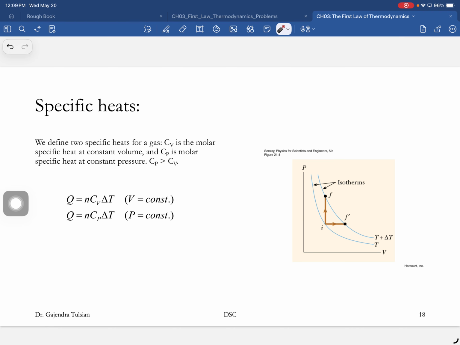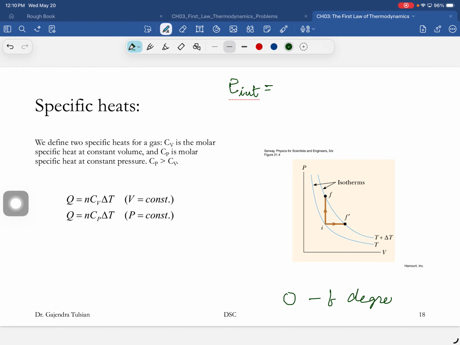Here's a methane molecule, and it has multiple rotational degrees of freedom. So you saw that Cv is F/2 R, and Cp is F/2 R plus R, and so gamma is Cp over Cv, which is (F+2)/F.